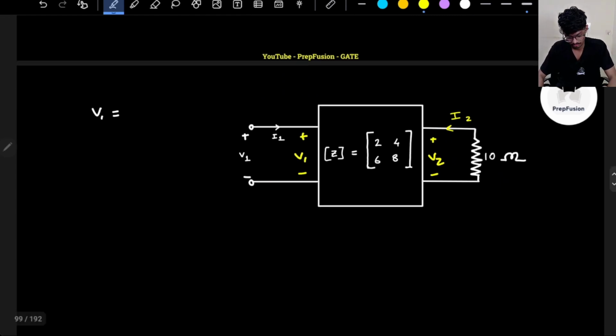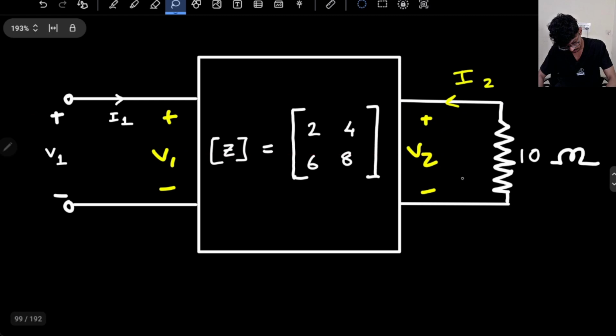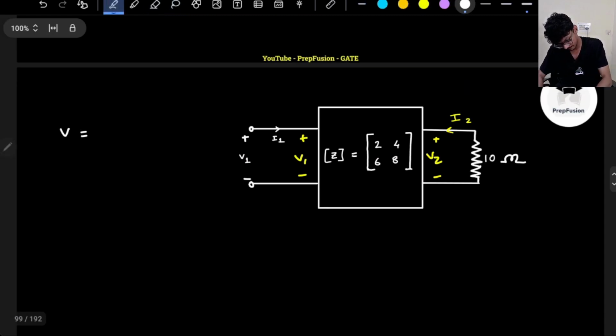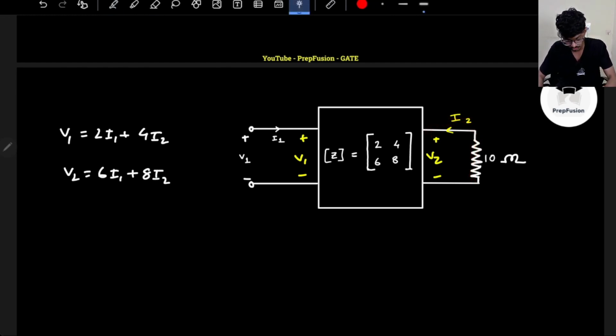Okay, what I can say is that V1 is equal to 2 I1 plus 4 I2, and V2 equals 6 I1 plus 8 I2. Okay, and again this relationship is there, so of course your I2 is flowing like this, right?